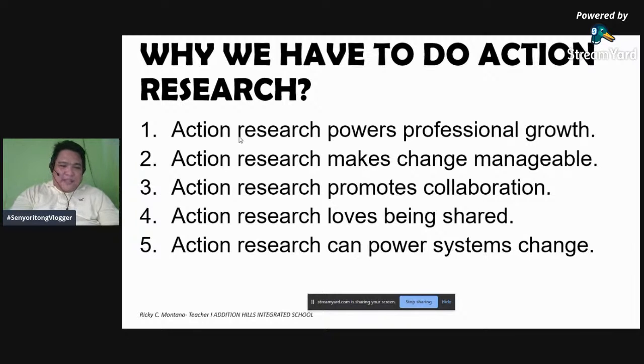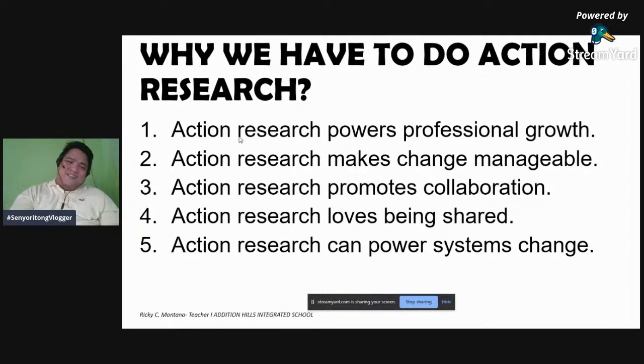Next is action research loves being shared. It doesn't stop. When you finish your action research and find that this is the solution to your problem, you don't just stop. The satisfaction as a researcher is when you share your action research with others: if this is effective for me, then this might be effective for you too.